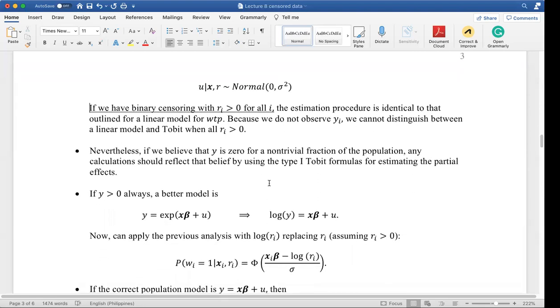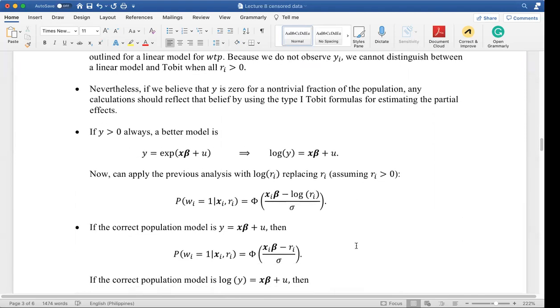Nevertheless, if we believe that y is 0 for a non-trivial fraction of the population, any calculation should reflect the type 1 Tobit formulas for estimating the partial effects. If you believe that the zeros are actually zeros, then use Tobit.